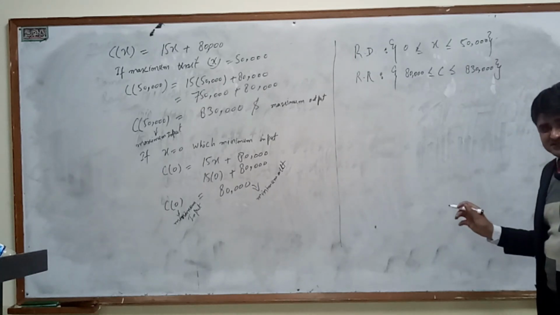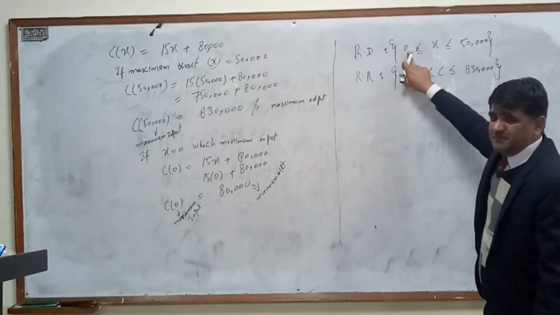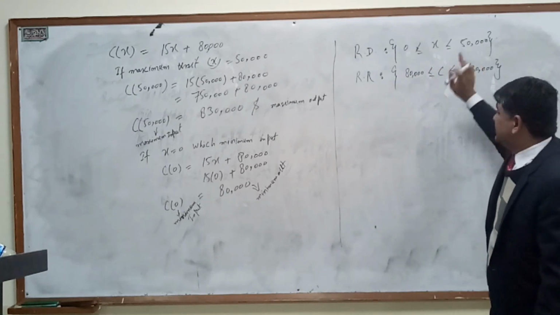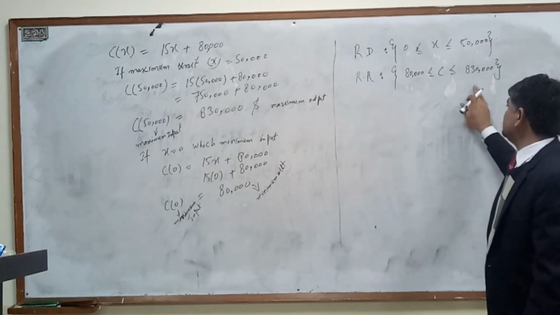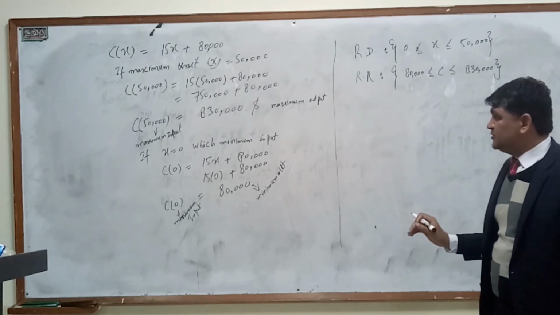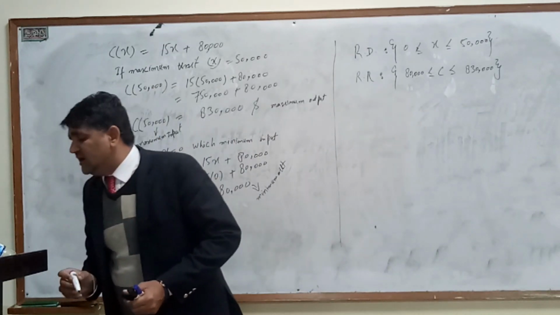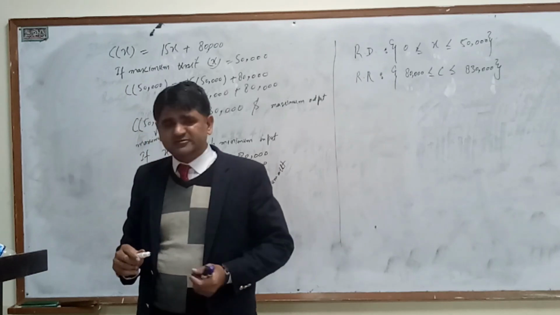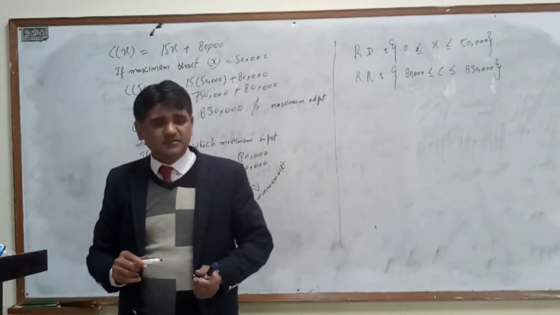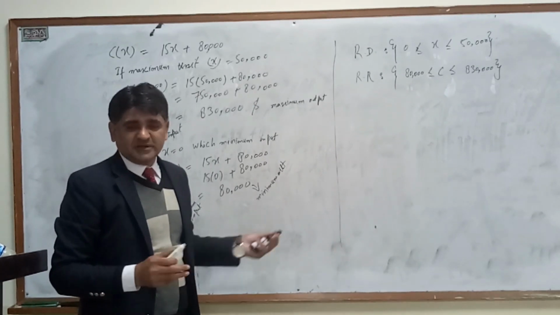I think the concept is clear. So here you can write minimum and maximum input, and here minimum and maximum output. The rest of the questions are the same, and after the break we will be covering the rest of the questions related to practical nature.